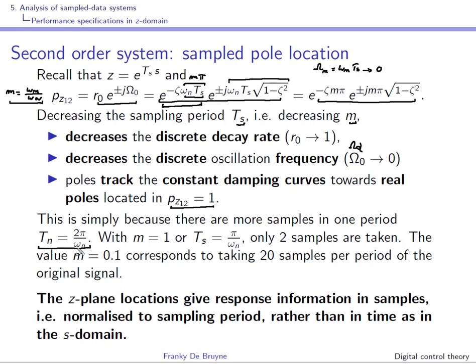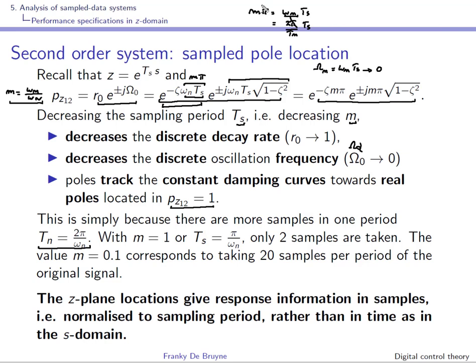Okay, so here we have the natural frequency, so the associated period is this expression over here, and we see that as a function of ts we take more or less samples in this period. Okay, remember that m pi is equal to omega n ts. This one here is 2 pi over Tn times ts.